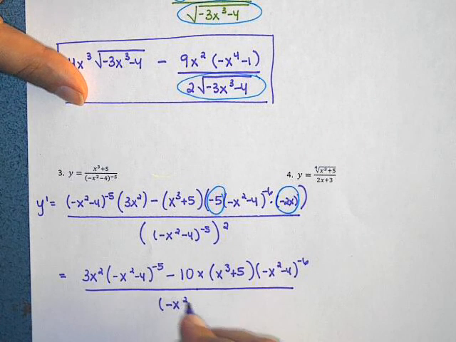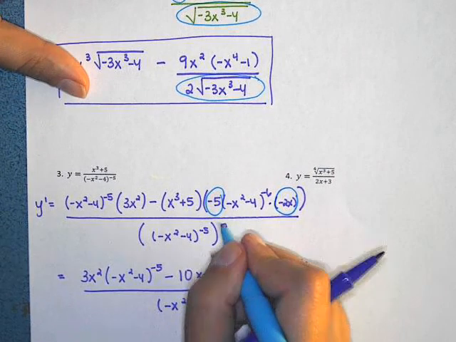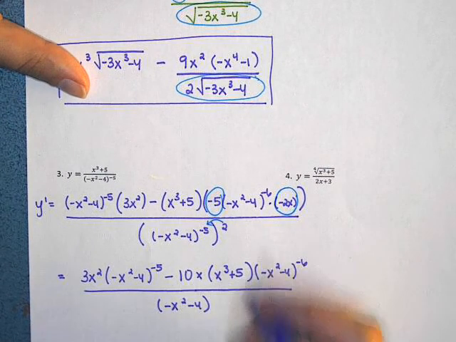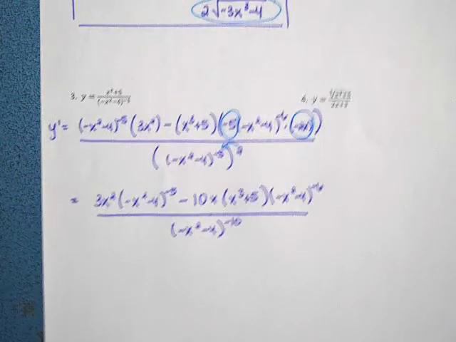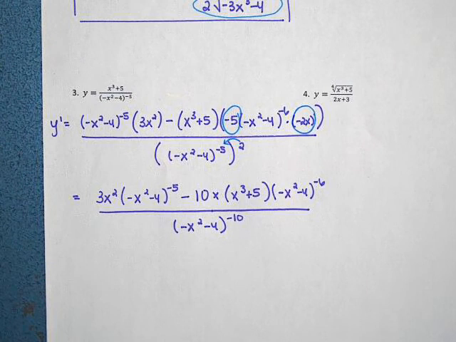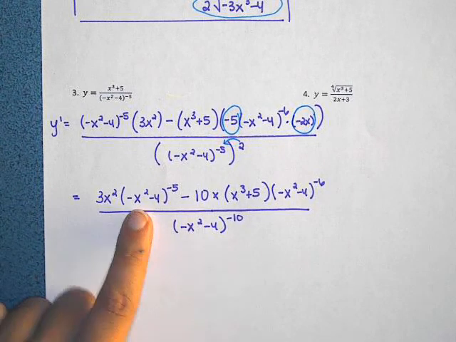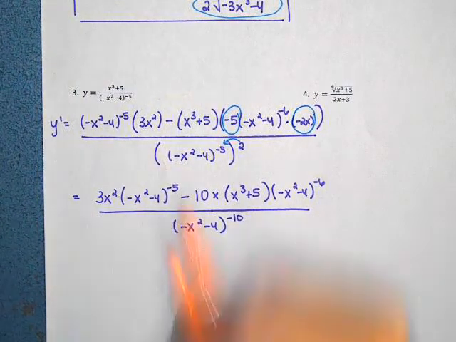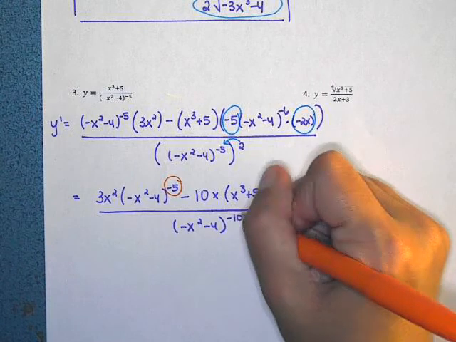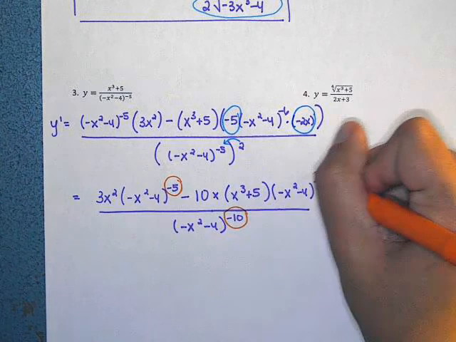Now on the bottom, I'm going to distribute this 2, and I'm going to get a negative 10 power. Now you'll notice that this and this and this are all the same. And we've got a negative 5 power, a negative 10 power, and a negative 6 power.